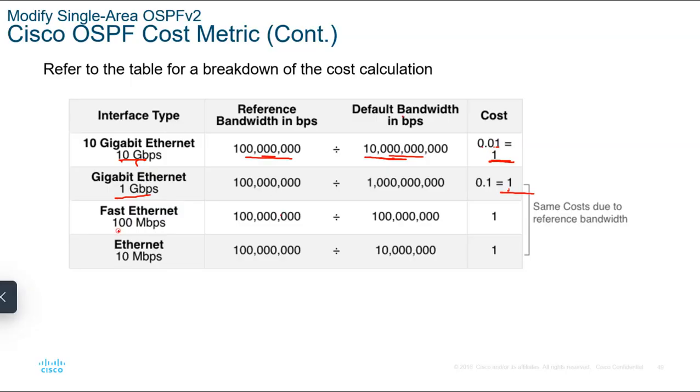While we have 100, as you can see, the reference is 100 million bits per second, and the default bandwidth is also 100, so it is the same. All the 100 Mbps links have a cost of 1. So don't get confused.